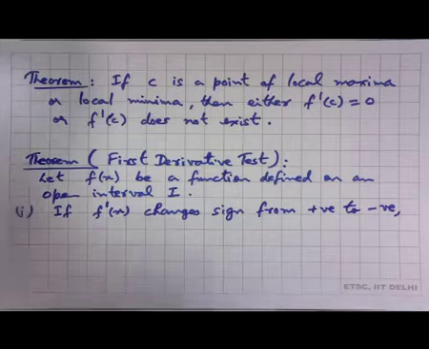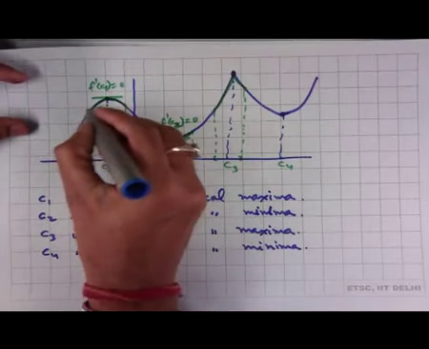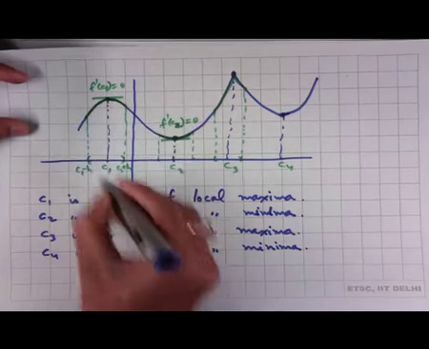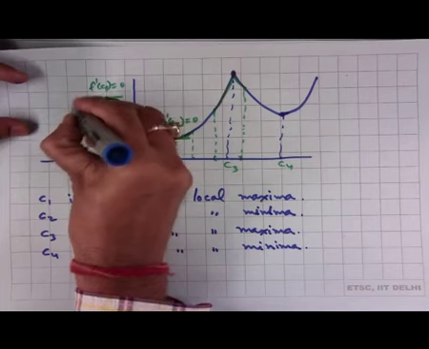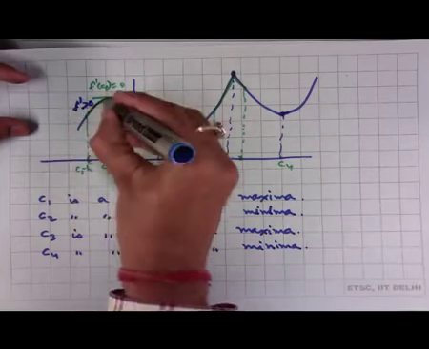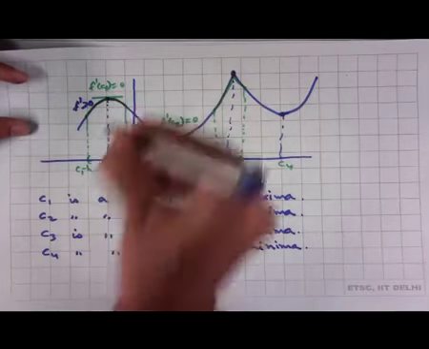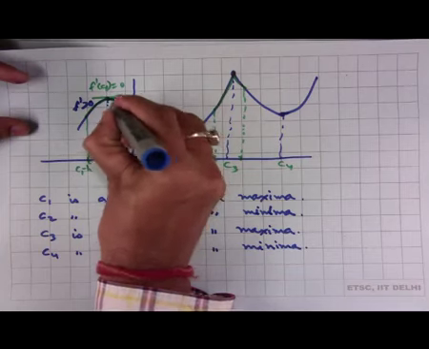See what happens here in this example. As we move across this C1, f prime is positive here because the function is increasing, and then the function is decreasing as we move to the right of C1. So, f prime is negative here.